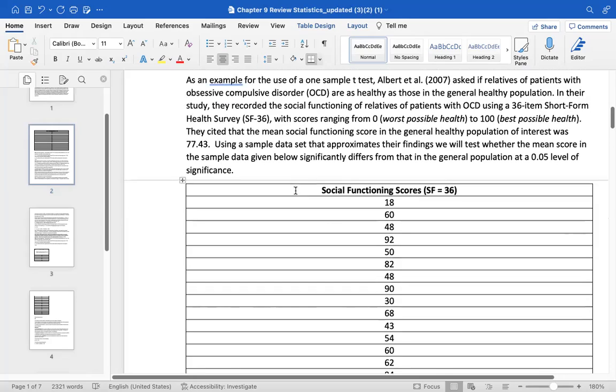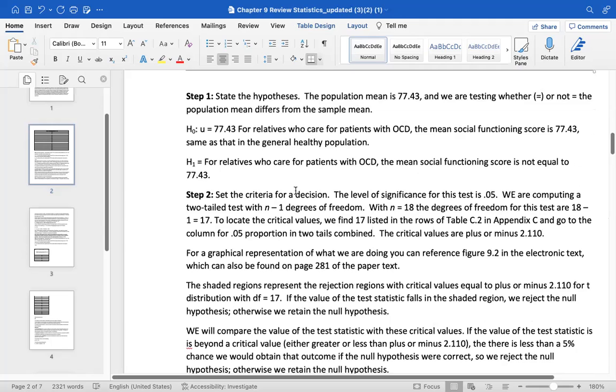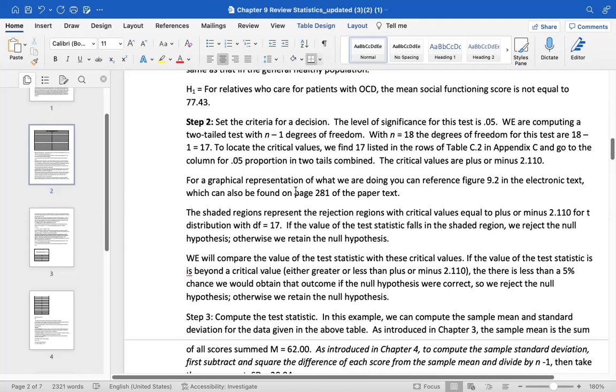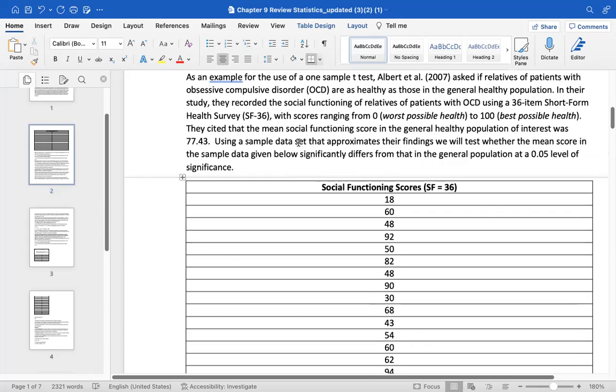So that was the sample, and then where do we get the other mean? I'm just trying to find where I get the other mean.